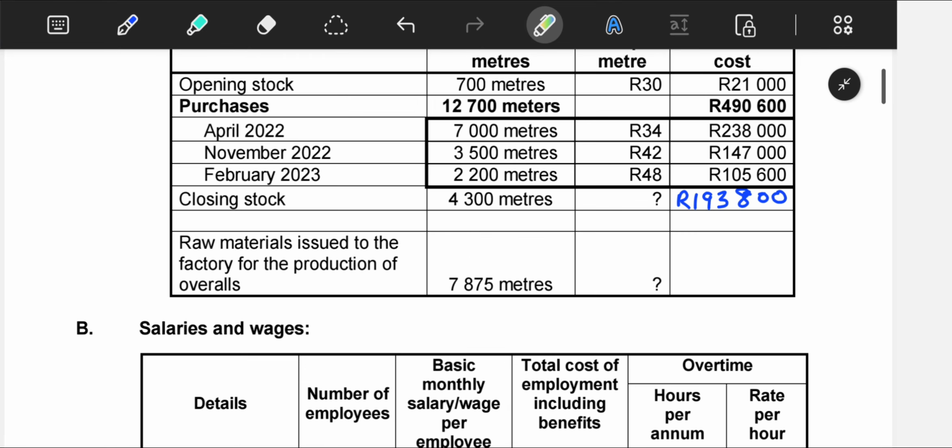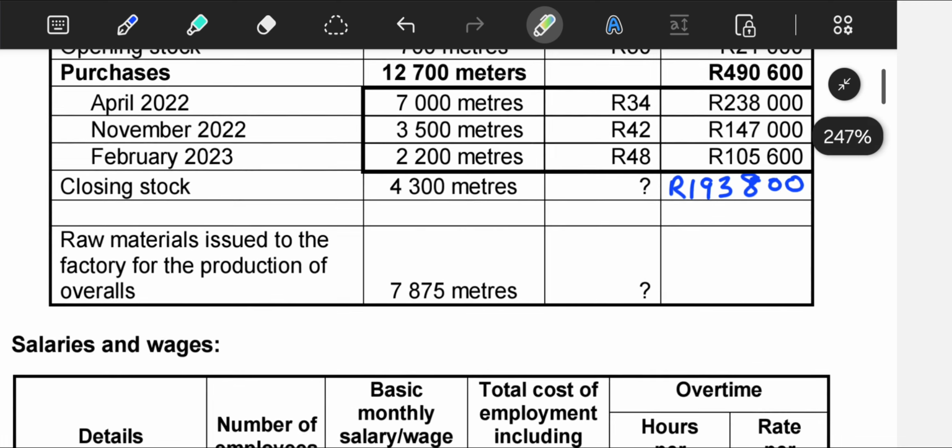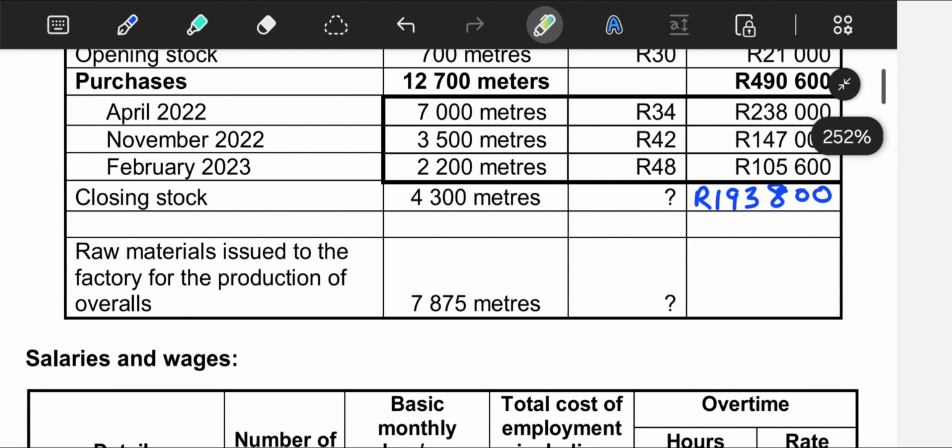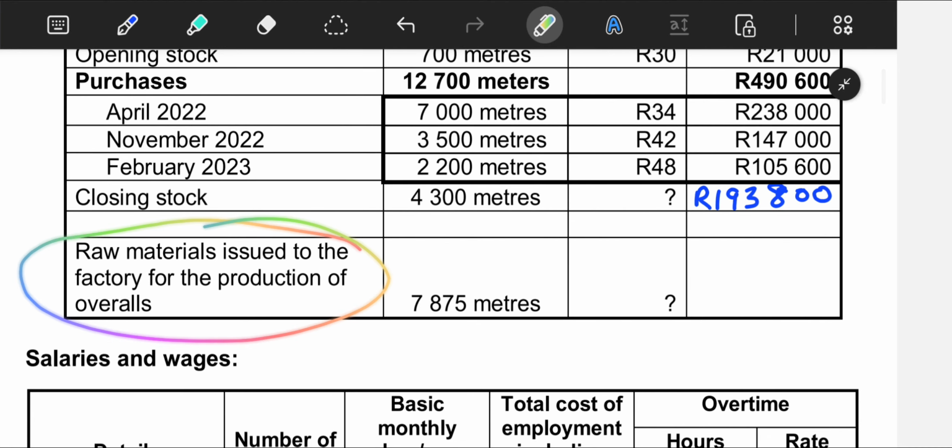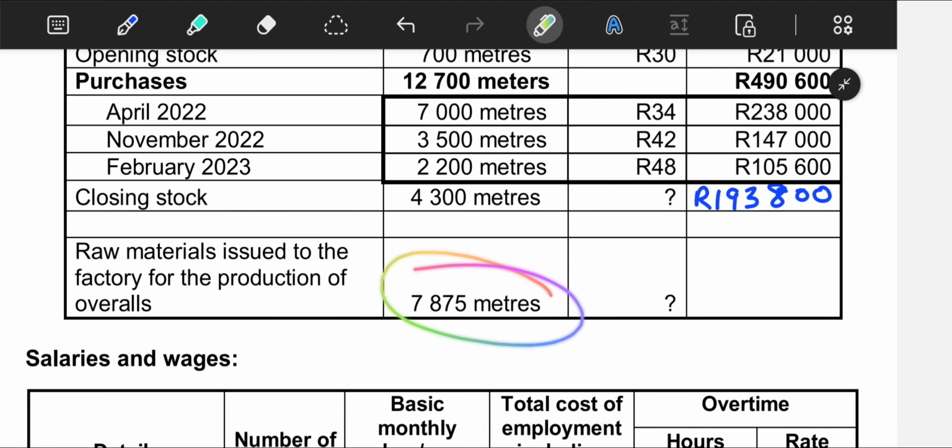We have issued raw materials to the factory for production of overalls, and we have issued 7,875, and there's no work in progress at the beginning and at the end of the year because we only produce when there are orders. So whatever we produce is the exact number, and then off it goes to the client who ordered.